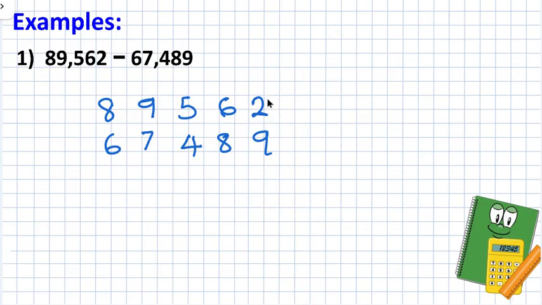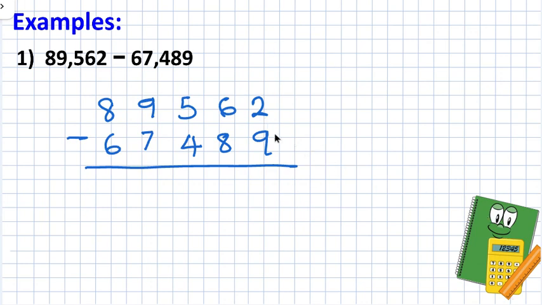So we'll start from the first column, which is the column at the right, by subtracting. So the first column, we have 2 minus 9. Of course, you know you cannot subtract 9 from 2 because 9 is bigger than 2. So what we need to do is we borrow.